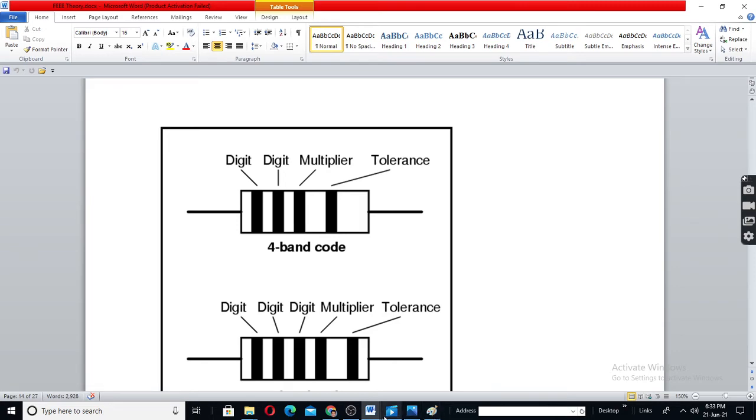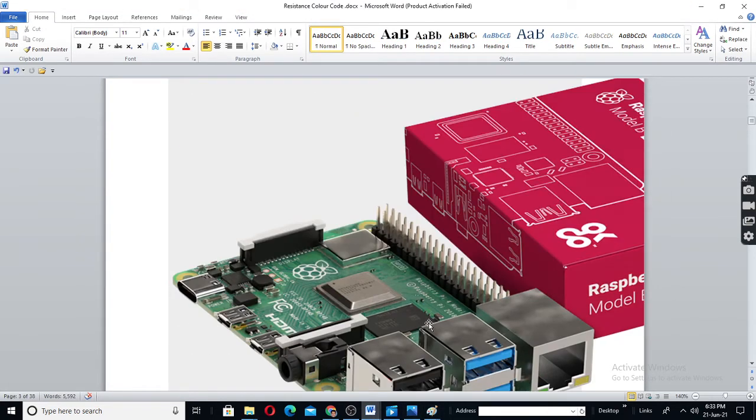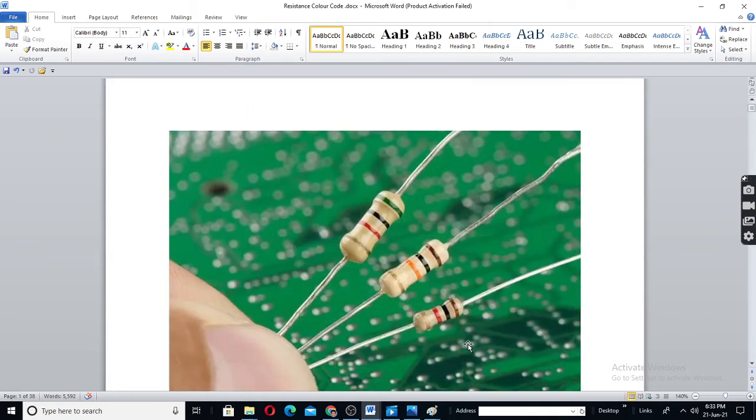You start from the first number, which is considered a digit. The second can be a digit or a multiplier. Usually two are digits. Next is the multiplier. Next is tolerance.